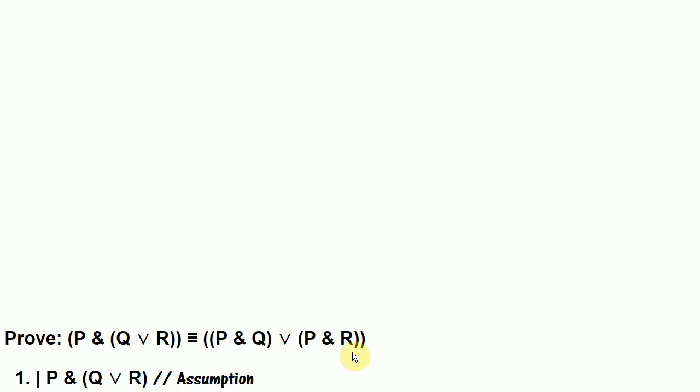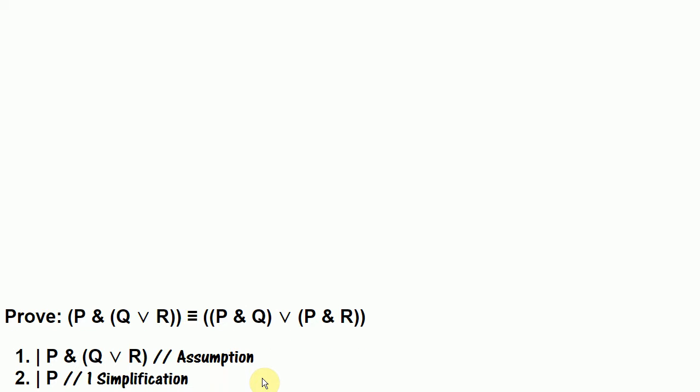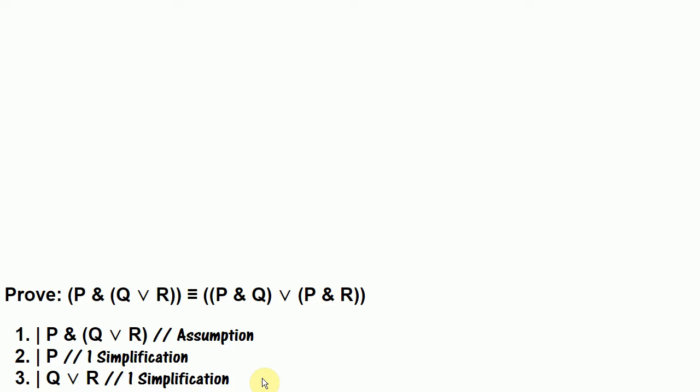And to get a disjunction through a constructive dilemma, we need another disjunction and we need two conditionals. Well, we have a disjunction right here, Q or R. And we're also going to need P here. So let's simplify this 2 times. We simplify it once to get P, we simplify it again to get Q or R.